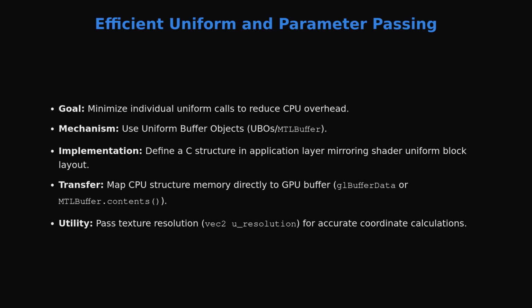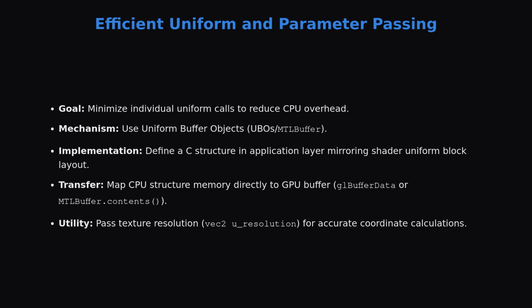This structure must precisely mirror the memory layout of the uniform block defined in your shader code. Map this CPU memory structure directly to the GPU buffer using glBufferData in OpenGL or accessing MTLBuffer.contents in Metal. This technique minimizes the number of individual uniform calls, significantly reducing CPU overhead associated with parameter updates.